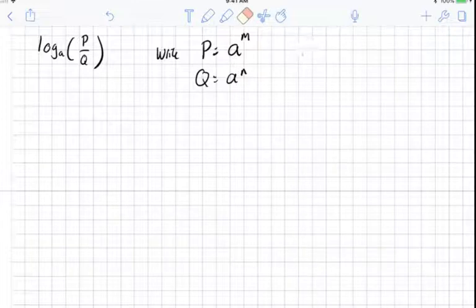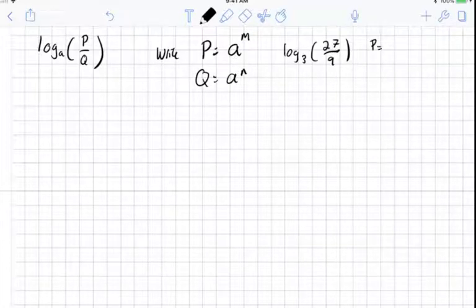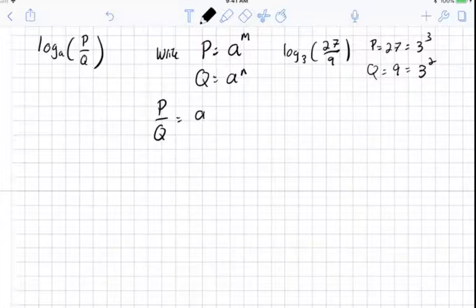So for instance, log base 3 of 27 over 9, you can write p, which is 27, as 3 to the power 3, and q, which is 9, as 3 to the power 2, right? So p over q is a to the m over a to the n, and using the properties of exponentials, you can write it as this.